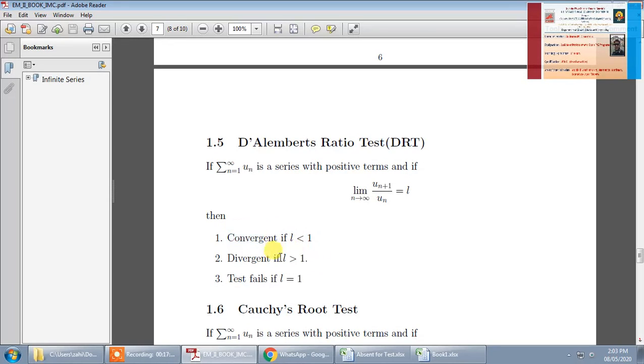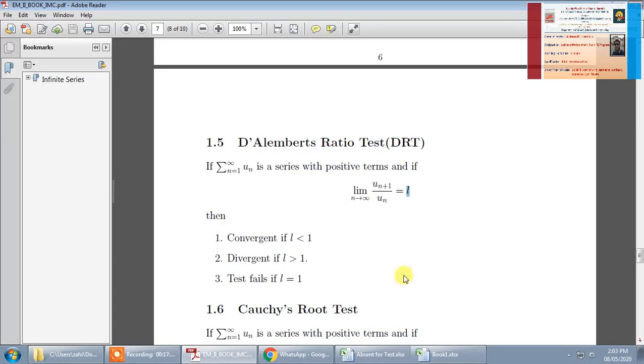If it is greater than 1, the series diverges, and if L is equal to 1, then the D'Alembert test fails. So you are required to have another test. This test is not working.